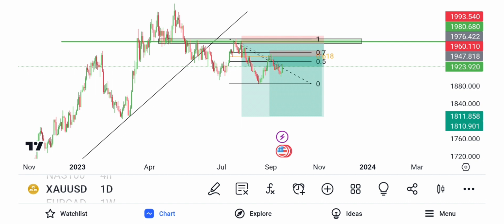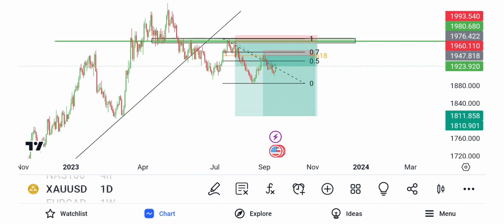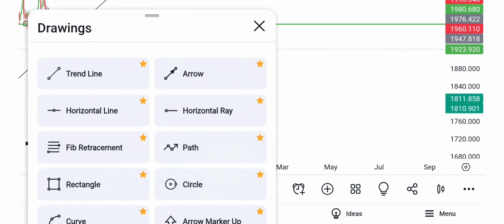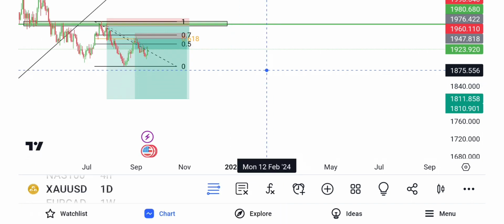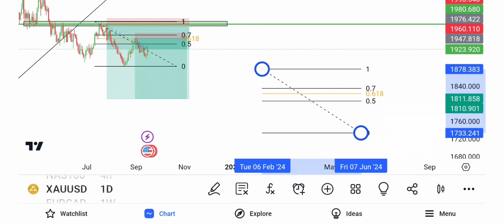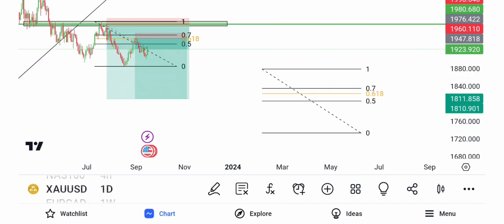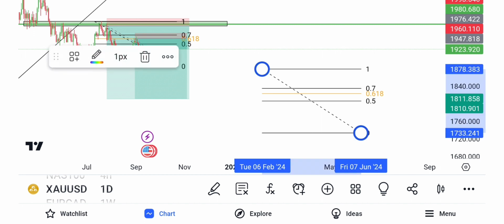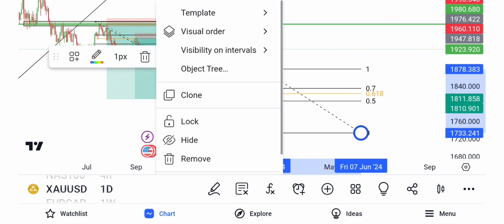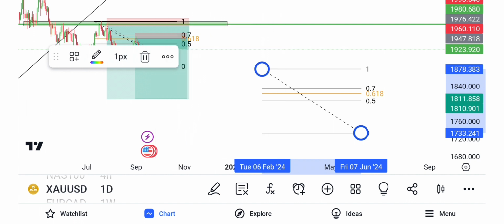So the 61.8 level, I would recommend you make it orange or yellow or something, just for you to know where we're going to trade, where the 61.8 is, and for you to see that the zone is actually important, right? This is for it to remind you. So let me show you how you can make it orange or any color. You just go here and click on these three dots, and then go to settings, right?